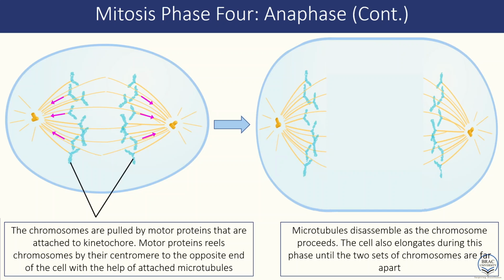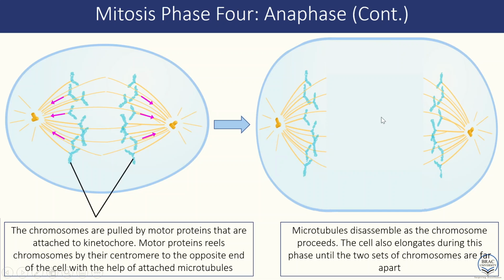That means those motor proteins attach to the kinetochore, and they spool those two chromosomes after the sister chromatids are separated by the separase enzyme. And also you can see these microtubules are disassembling because they are not needed now, because the chromosomes are separated, and the cell also elongates at the end of the anaphase.